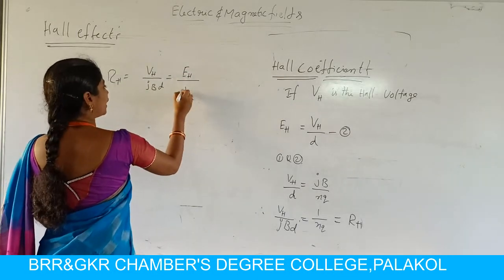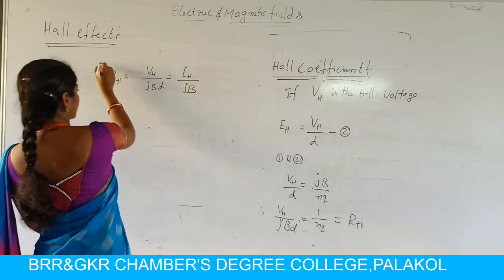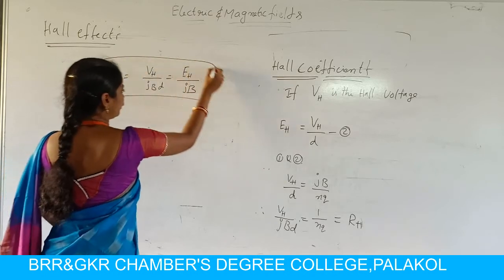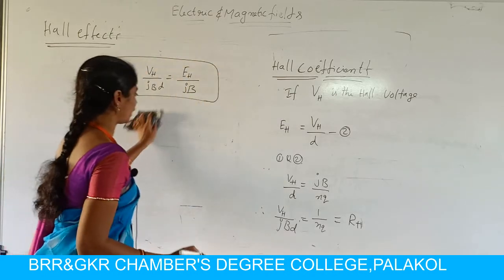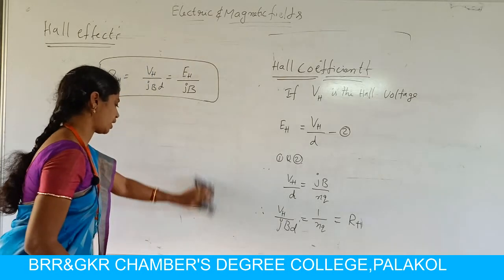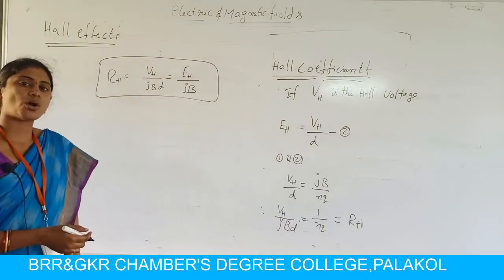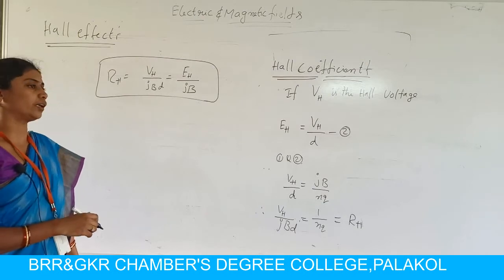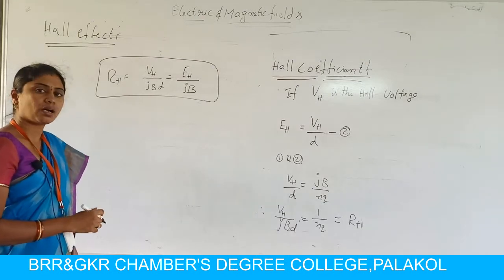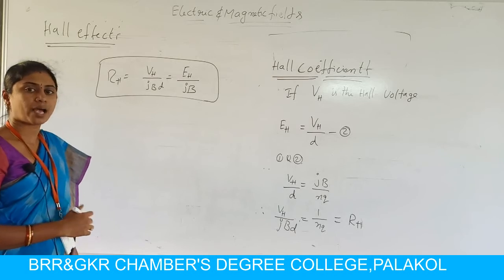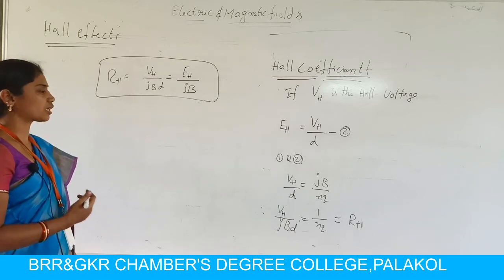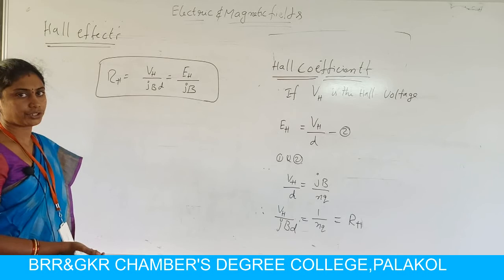Hence we write E_H by J B is the Hall coefficient. From this expression we conclude that the Hall coefficient is equivalent to the ratio of the Hall electric field and the product of current density and magnetic field induction.